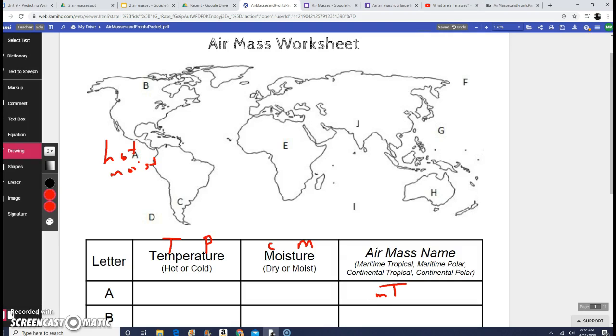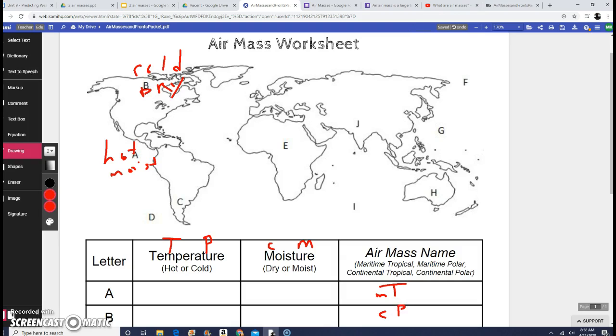Now letter B is going to be towards the North Pole, so that will be cold. And if it's over the land, it's going to be dry. So if it's cold and dry, it will be a continental and polar air mass.